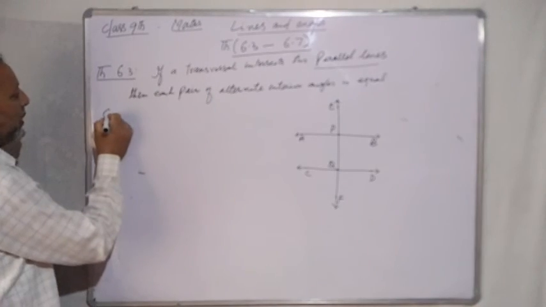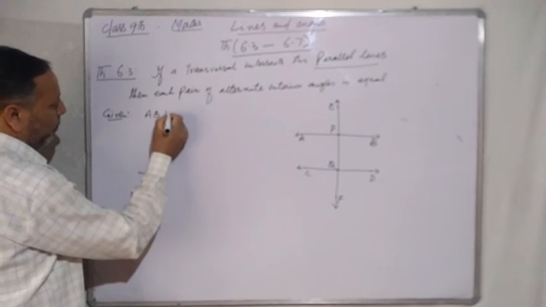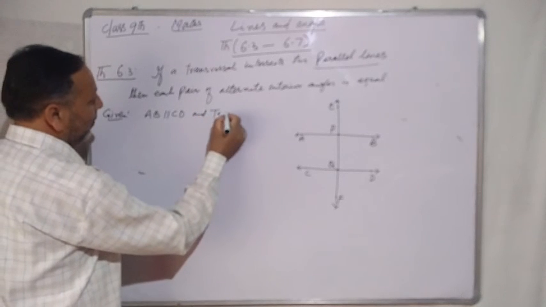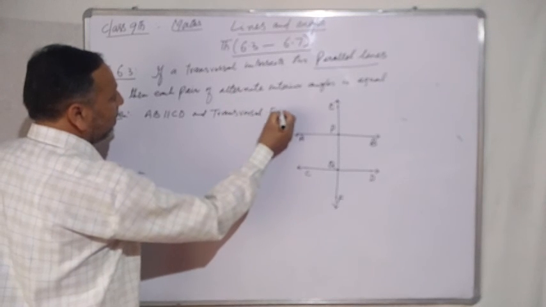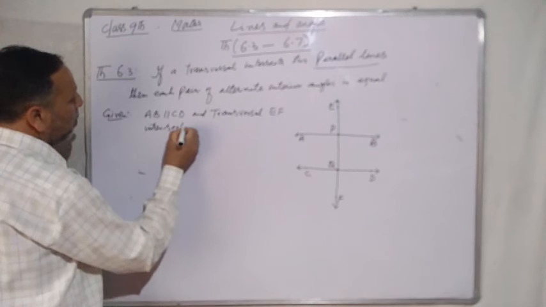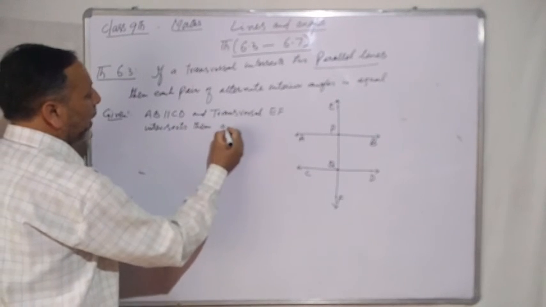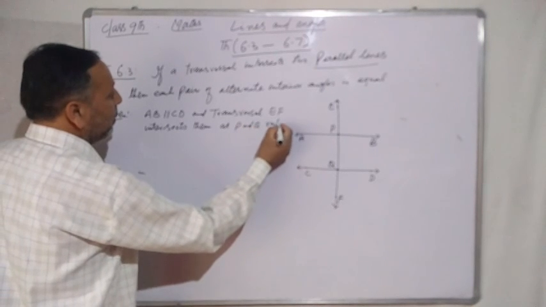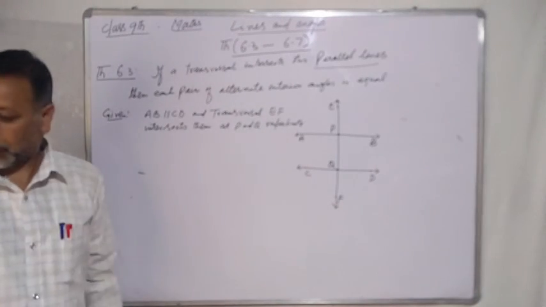So what is given here? Given is line AB is parallel to line CD and transversal EF intersects them at P and Q respectively.